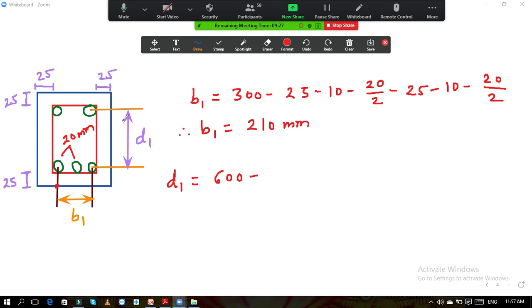Now after this, calculate D1, from this point to this point. Now I will come from the top first.